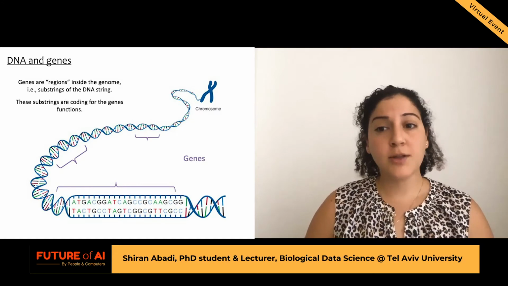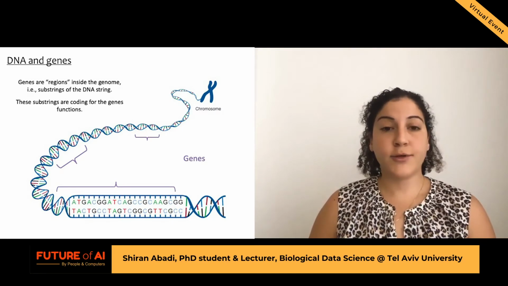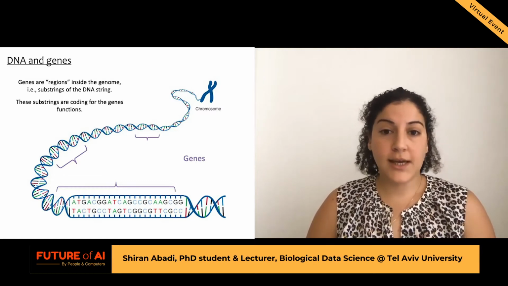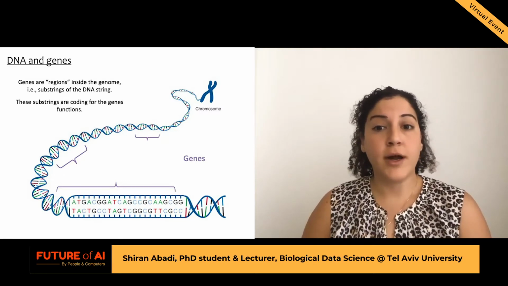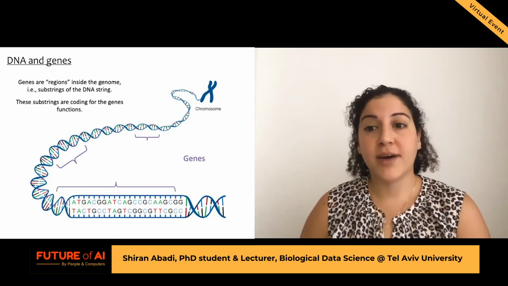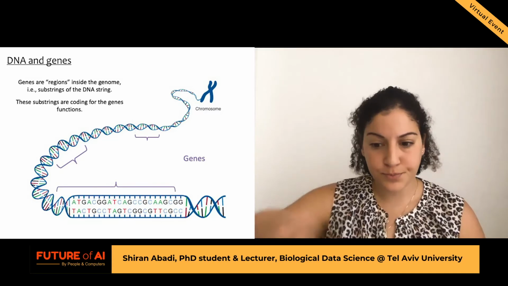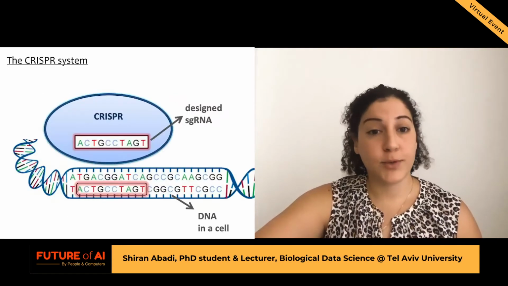There are small differences that make us different from one another. And in some cases, a mutation in a gene may occur, and it will cause it to malfunction. For example, it may cause it to generate a cancer tumor. Now, how can CRISPR help?